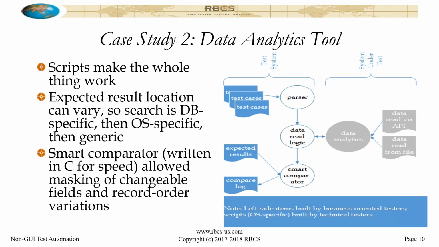The comparator was the only thing that wasn't written in shell scripting language. It was written in C, and this allowed us to carefully deal with some of the things that could otherwise result in false positives.